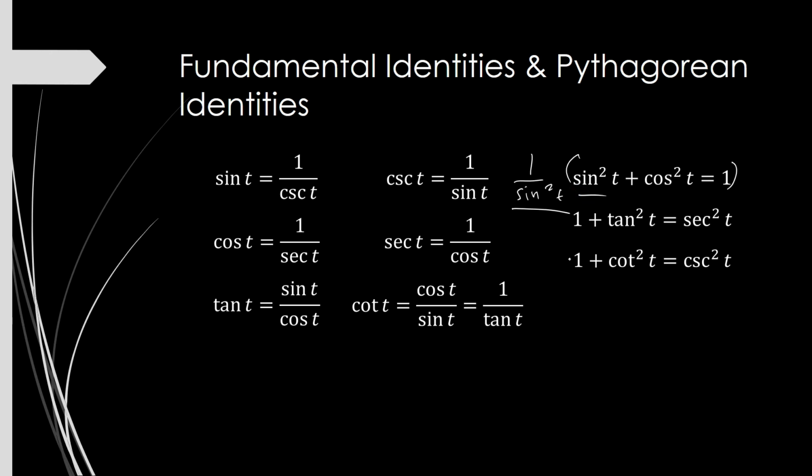That times 1 is equal to 1 over the square of sine of t, and that is basically the square of cosecant of t. This times this is equal to the square of cotangent. So that is how you do it. When you cannot recall exactly the form of your Pythagorean identities, you derive them from this Pythagorean identity.